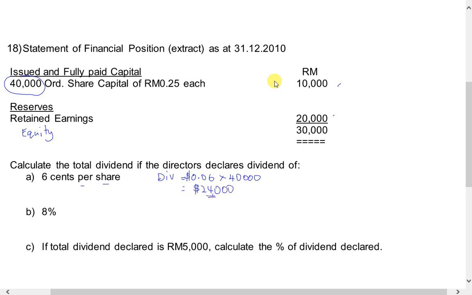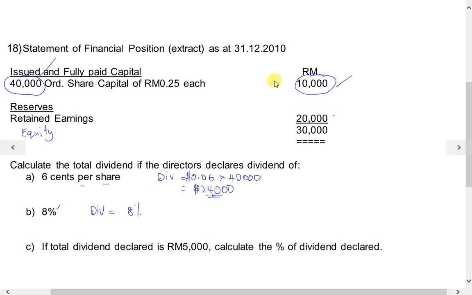Okay. Dividend can also be declared in percentage terms. So the dividend will be 8% on their capital investment. The shareholder invested 10,000 and we issued them 40,000 shares.